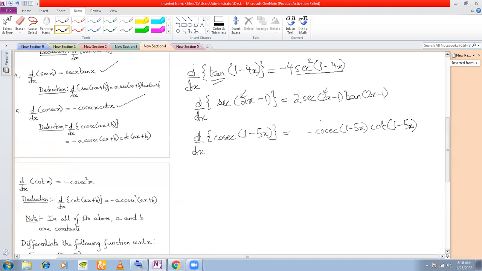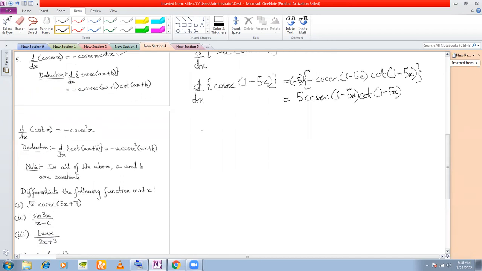Right? And then you need to multiply this whole thing by the coefficient of x. And what is the coefficient of x here? Minus 5. So ultimately you will get 5 cosec(1 - 5x) into cot(1 - 5x). Right?